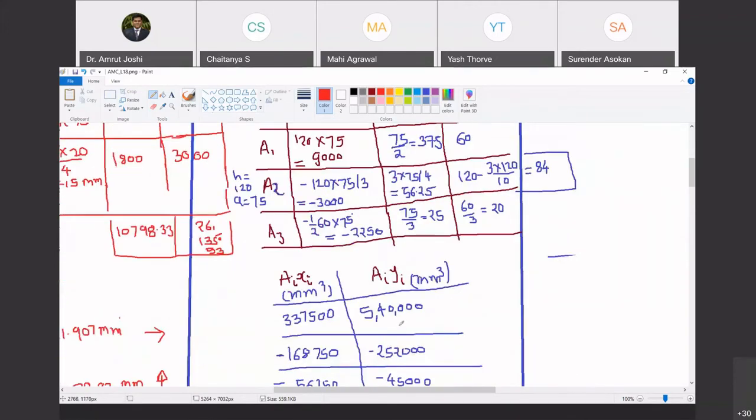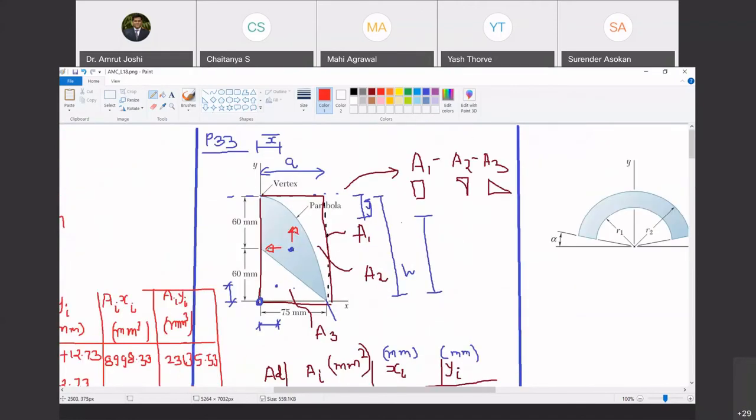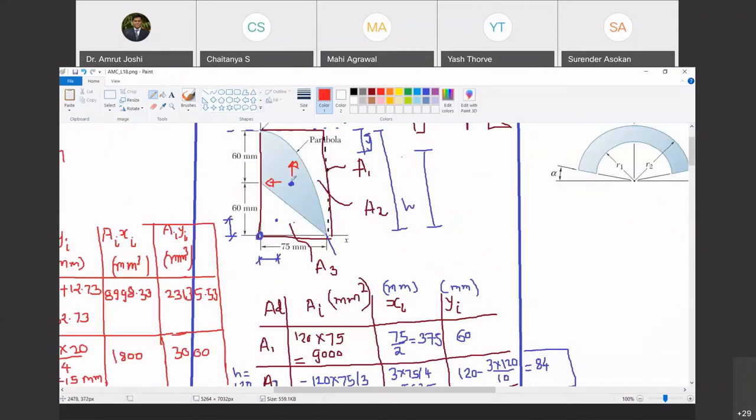X bar is 30 mm, less than 37.5, so the centroid has shifted towards left, and y bar is 64.8, greater than 60, so the centroid has shifted up in comparison with the centroid of the rectangle. Are you with me?